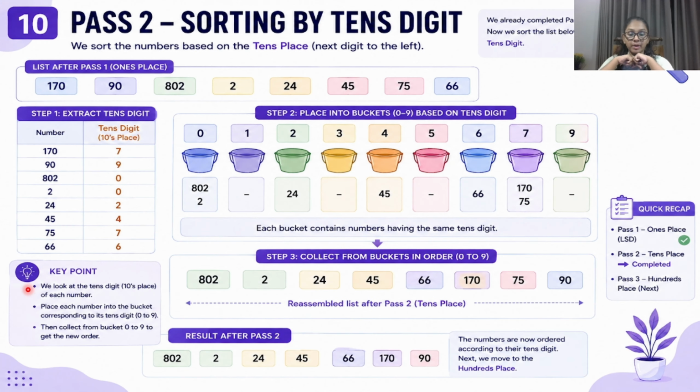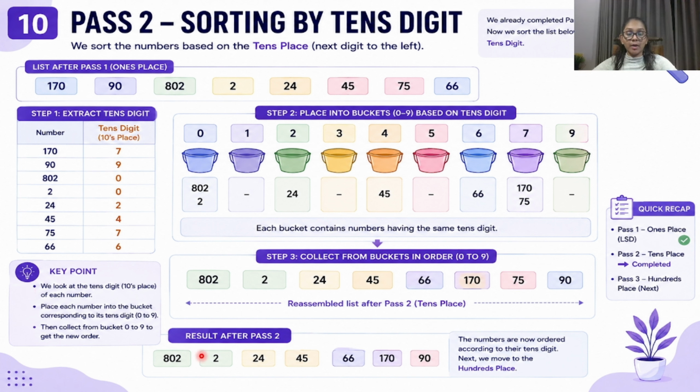Now we are ready for pass 2. This time we are going to look at the tens digit, and very importantly, we start with the order produced by pass 1: 170, 90, 802, 2, 24, 45, 75 and 66.